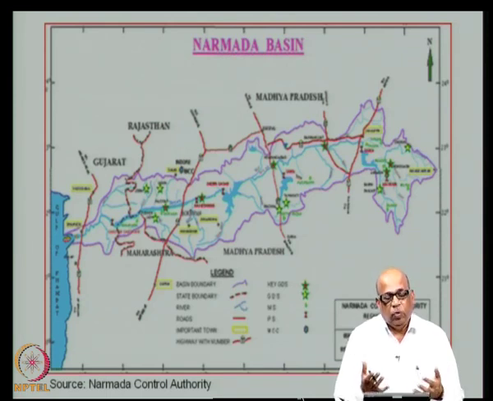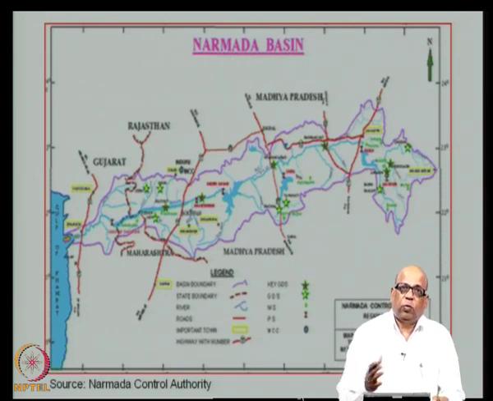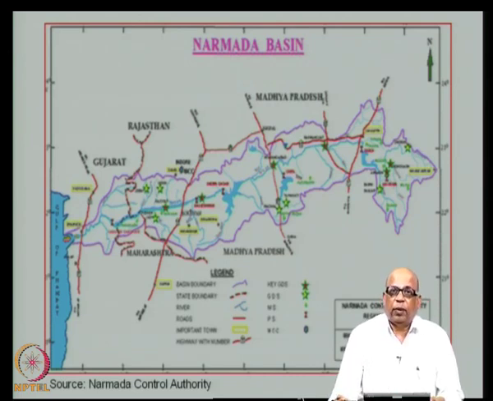So, we need to look at all these objectives in a holistic manner and then develop the system such that you are able to meet the demands, yet at the same time keep the integrity of the system intact, both the environmental and ecological integrity as well as the hydrologic integrity and the socio-economic system integrity, that you need to keep in mind and then develop systems for water resource development.